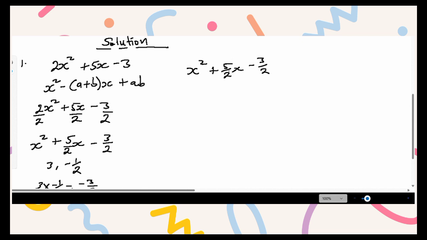So we're going to have x squared minus 1 over 2 x plus 3x minus 3 over 2. Actually, when I simplify minus 1 over 2 x plus 3x, I get 5 over 2 x. So I have not really changed anything.